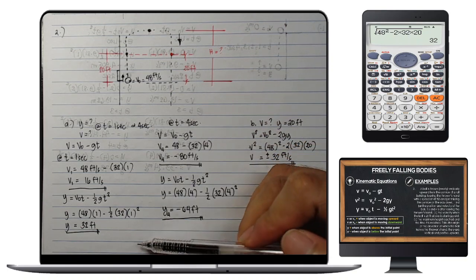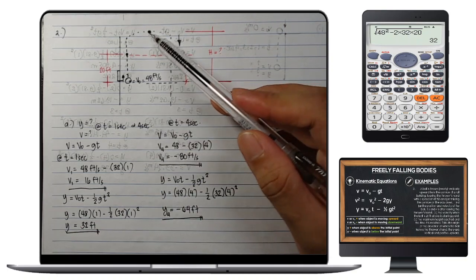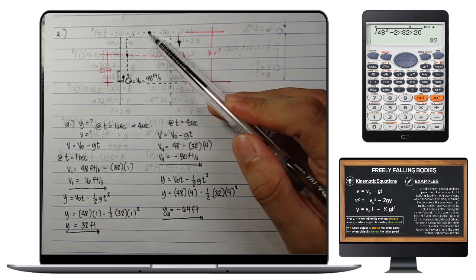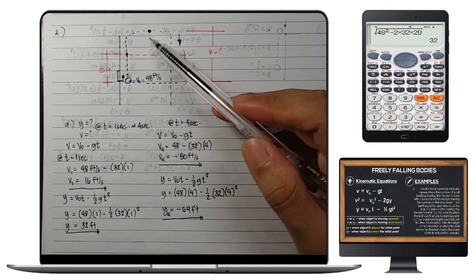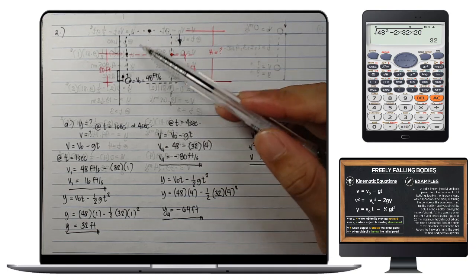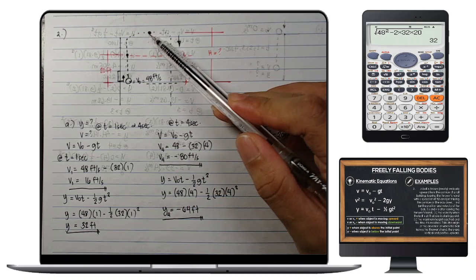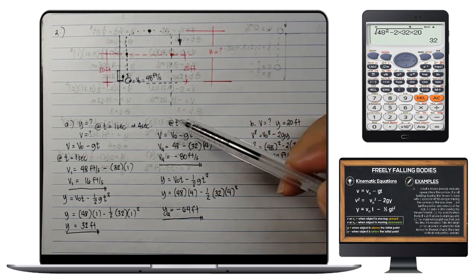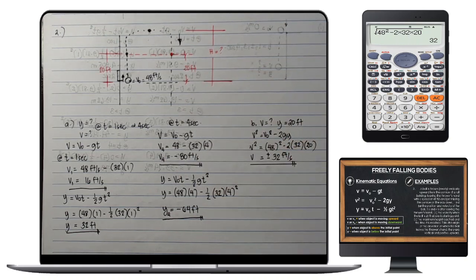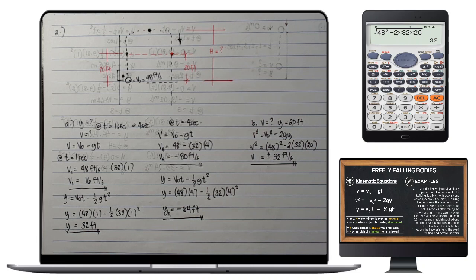Pagdating niya sa maximum height, titigil siya ng kaunti doon. Then it will now go downward. So initially, it is going upward. Upon reaching the maximum height, it will go downward na. So, pababa na yung magiging motion ng ating object. With that, masosolve natin yung maximum height.